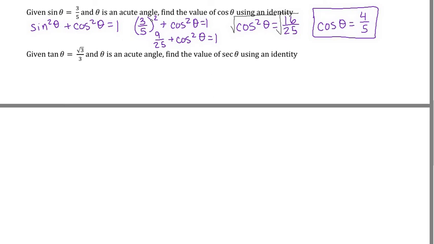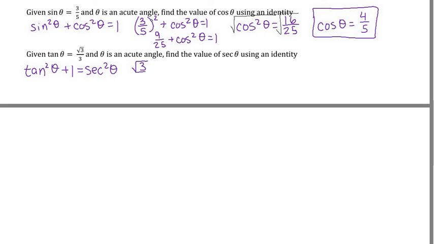Next one, we've got tangent theta equals square root 3/3, and we want to find the value of secant theta. So we have our identity, tangent squared theta plus 1 equals secant squared theta.